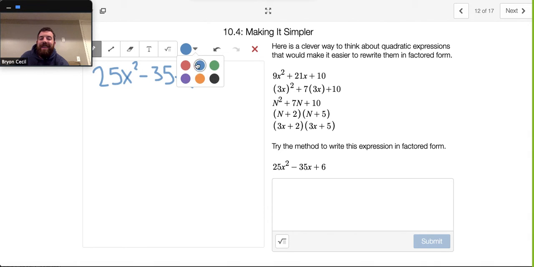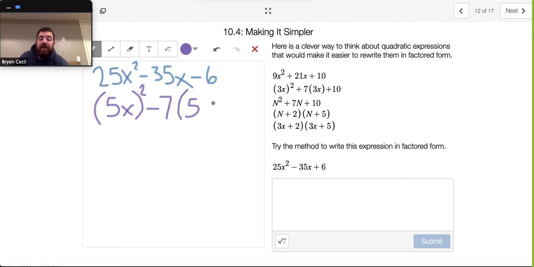Sure does. So what we're going to do now is I'm going to make my parentheses and make this a 5x, because 5x squared is 25x squared. Now minus, hey, 35 divided by 5 is a 7. And this is going to give me a 5x. Okay, and I don't touch the 6. Never touch it. Stays there.